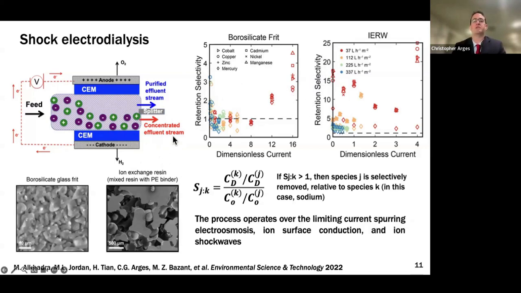It reduces the ohmic resistance in the cell because the ion exchange resin particles have these fixed charge groups. So when you're operating over this limiting current, you have electroosmosis and ion surface conduction, and that creates these shock waves that enable this pseudo-selective separation. So we're not separating these individual heavy metal ions from each other, but we are separating them from sodium chloride, which is a benign species, whereas things like cadmium and mercury are not.